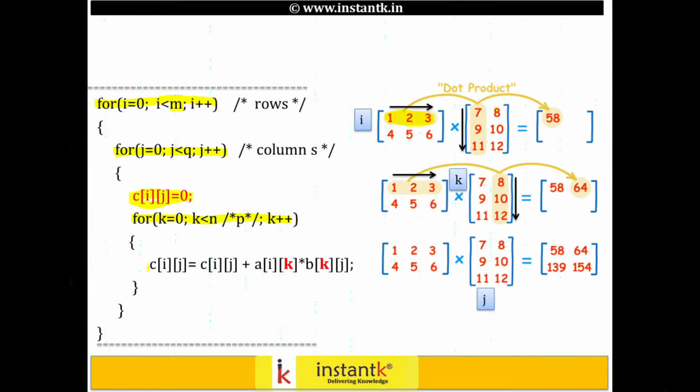So the product is C of i of j, the array C of i and j is equal to C of i of j plus A of i of k into B of k of j.